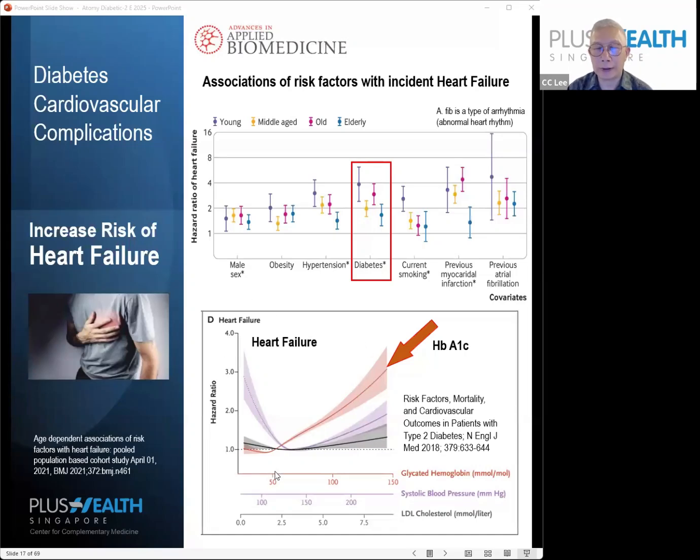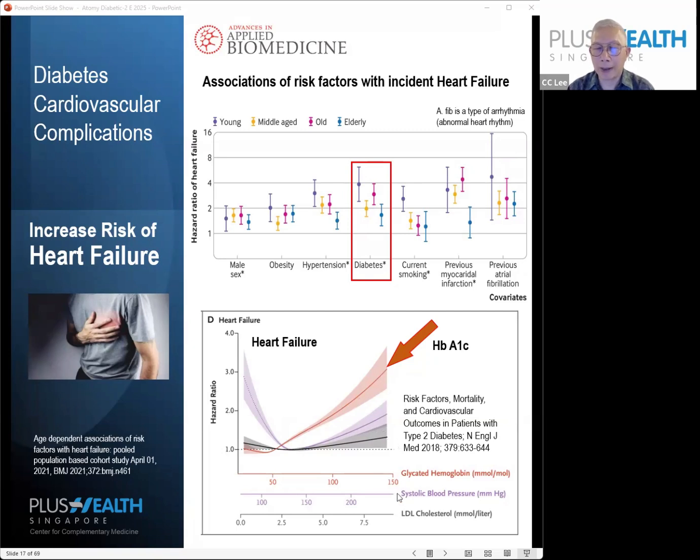Another chart here, you can see that based on your HbA1c, right? You can see that as the HbA1c goes up, your risk of heart failure goes up much more significantly than the other 2 factors, which are blood pressure as well as high cholesterol.